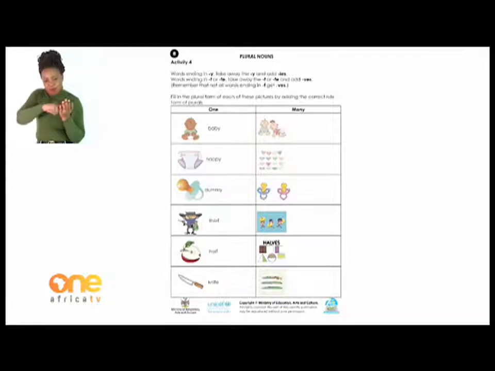Words ending in F or FE, take away the F or FE and add VES. Remember that not all words ending in F get VES. There are some who do not follow the rules.